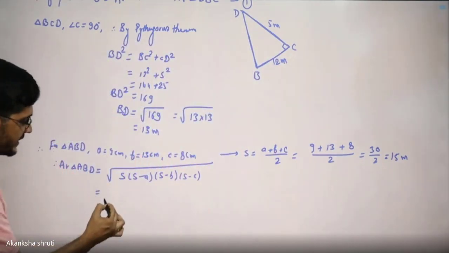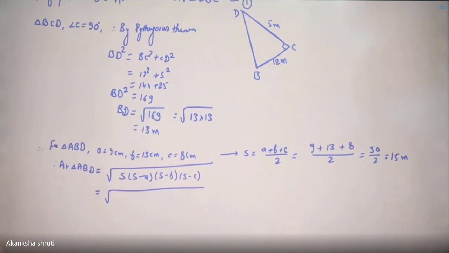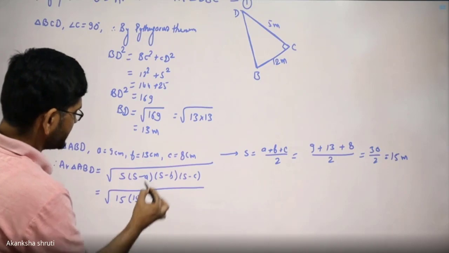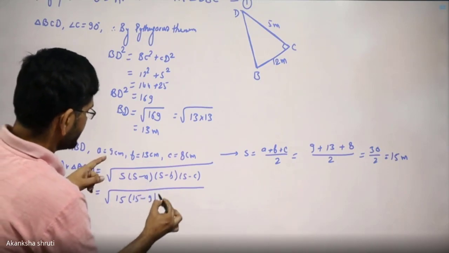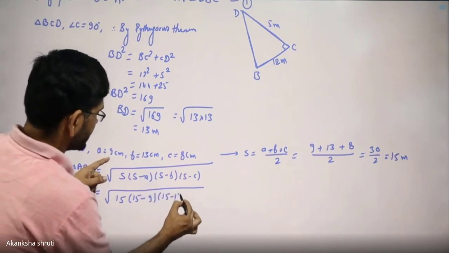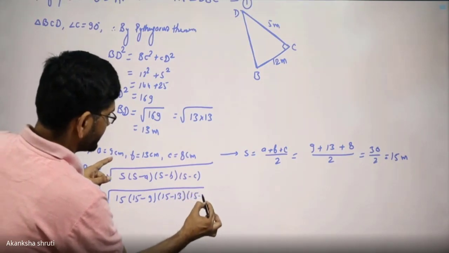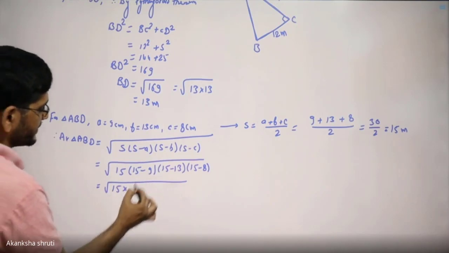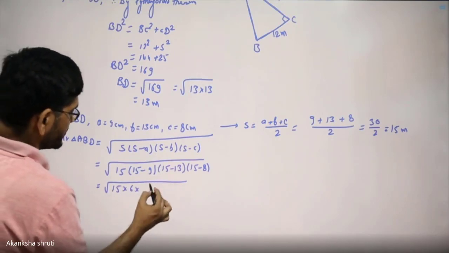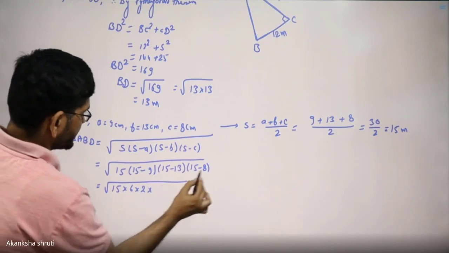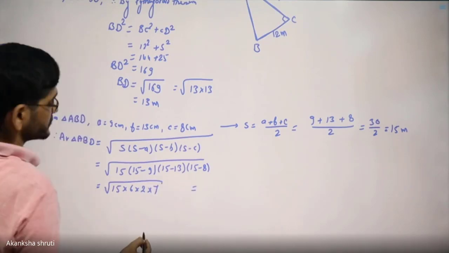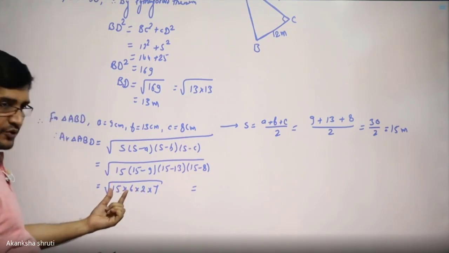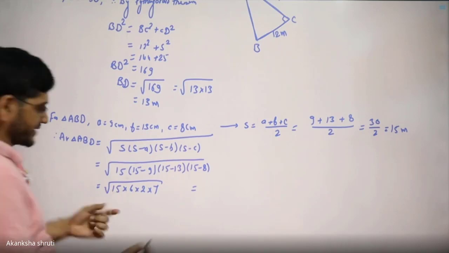Therefore, the area can be calculated by substituting it. So it will be root of 15 into 15 minus A which is 9, 15 minus 13, then 15 minus 8. It will be 15 into 6 into 2 into 7. So students, let us simplify this. For simplification, I have told you whatever the composite number, you need to break it into prime factors.